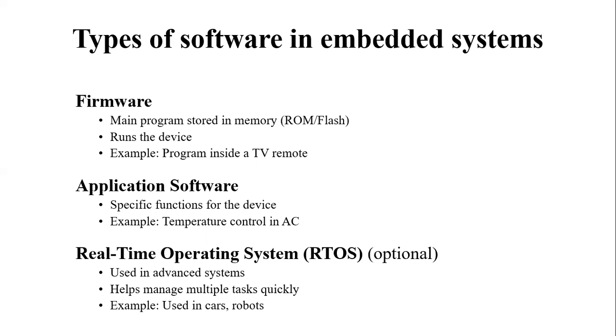RTOS means its own behavior: how to respond, how to give information, right? It is usually used in advanced systems, where it helps with multiple tasks and understands multiple inputs.